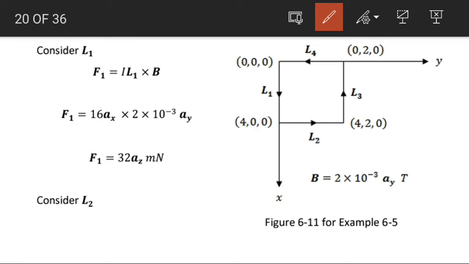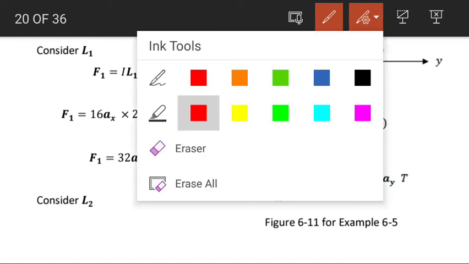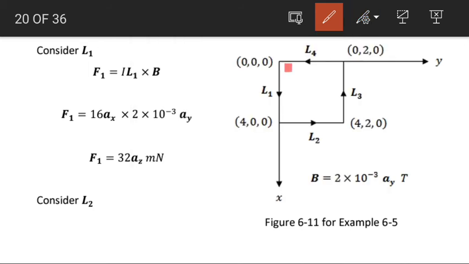In order to calculate the total force on the loop, we will consider this side of the loop, the side L1 of the loop, and we will calculate the total force. We will calculate the force on side L1. We shall calculate the force on side L2. We shall calculate the force on side L3.